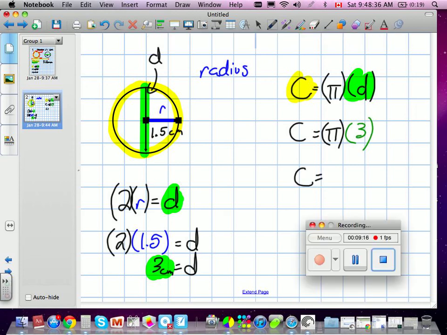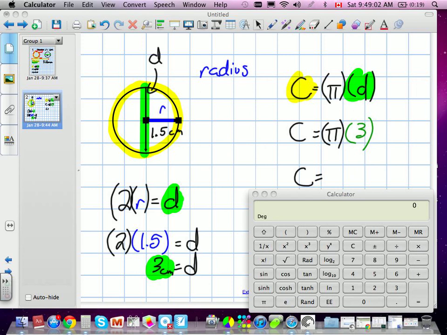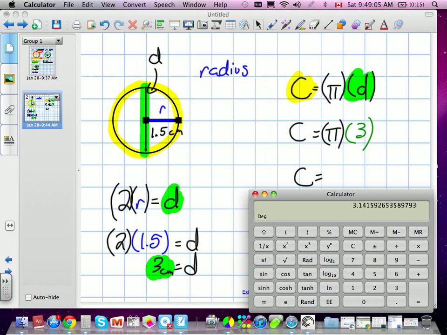So we're going to try to find the circumference. Now that we know the diameter is 3, we'll put it into our circumference formula. C is equal to pi times 3. So what's our circumference going to equal in this one? We'll have to put it in our calculator and find out.